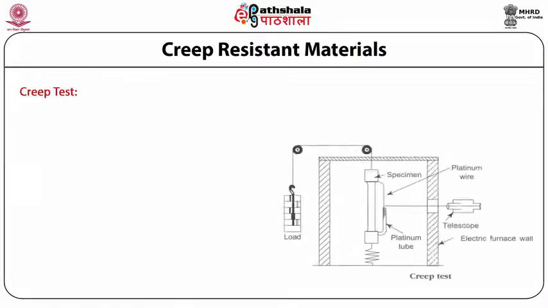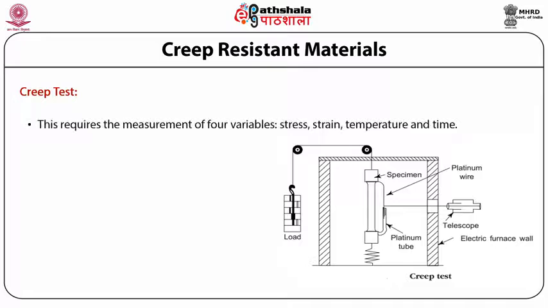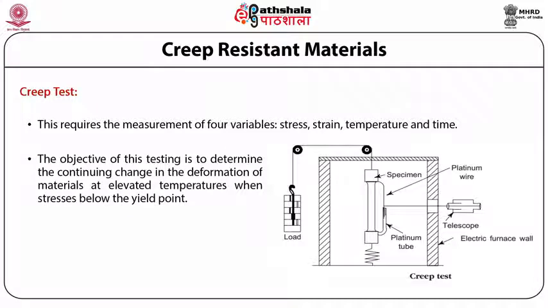Let us discuss the creep test. This test requires the measurement of four variables: stress, strain, temperature, and time. The objective of this testing is to determine the continuing change in the deformation of materials at elevated temperatures when stress is below the yield point.